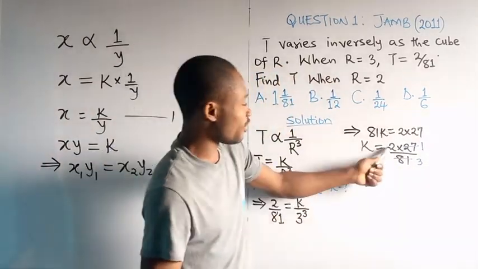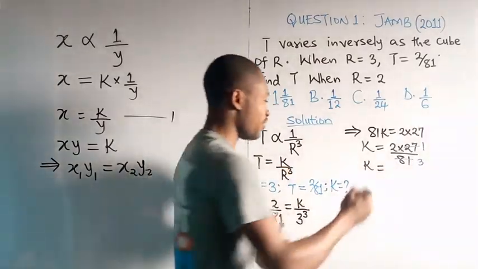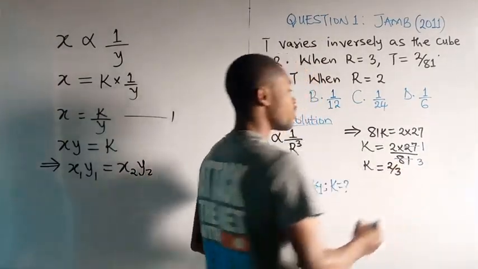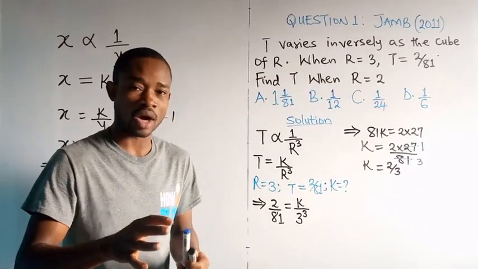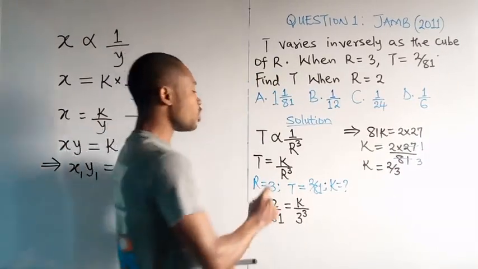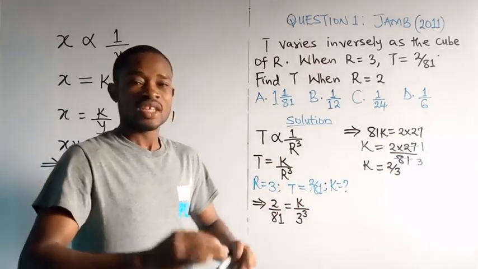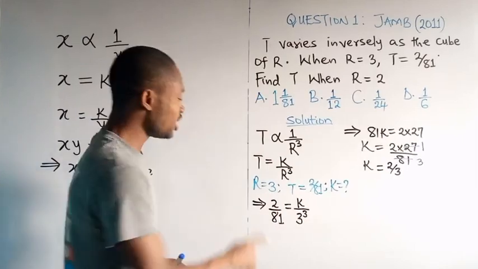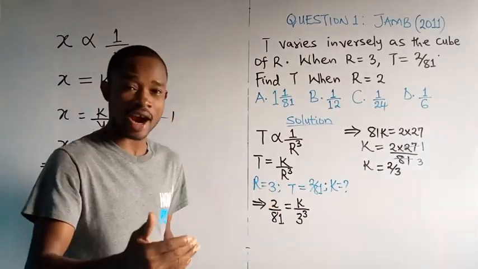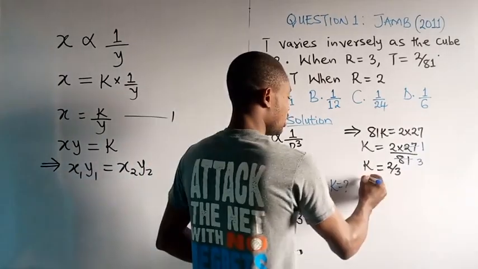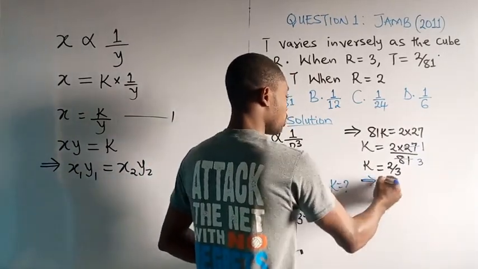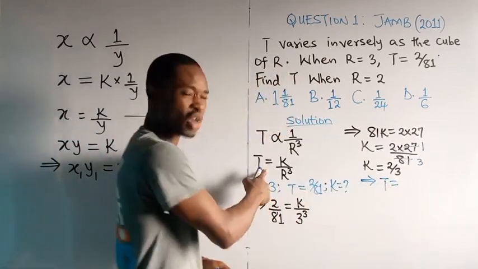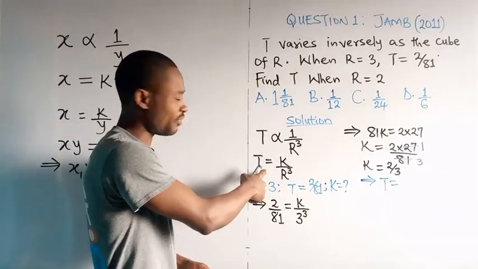So that this would give us 2 over 3 left as the value of K. So the constant of proportionality is 2 over what? Over 3. Now that we have obtained the constant of proportionality, the equation, the relationship, the formula connecting the two variables here, T and R, will simply be written as, take note of that, the relationship will be T equal to, let's come over to this equation. Are you getting me right? This formula.